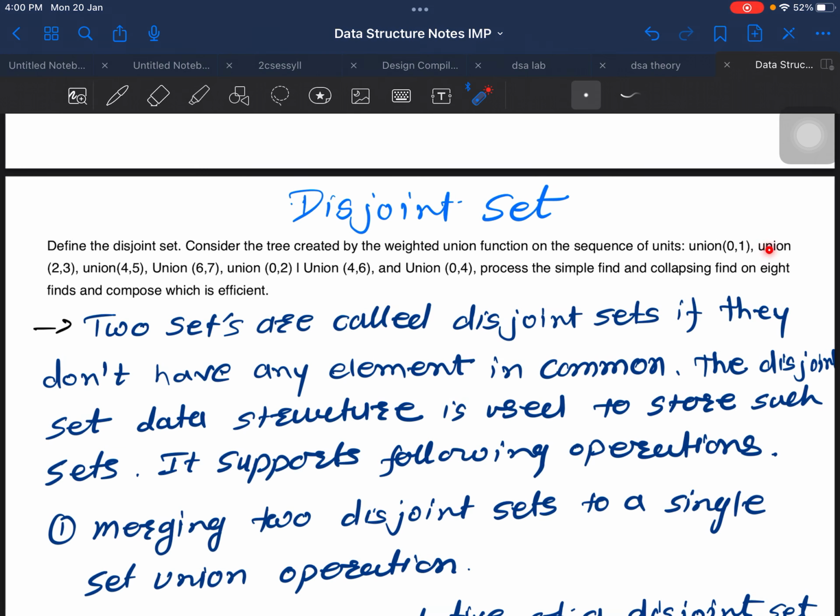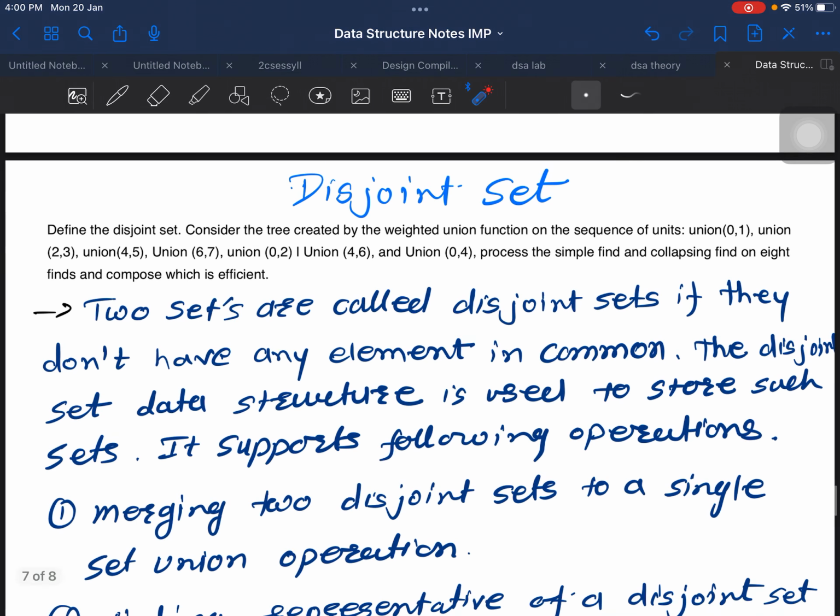There are multiple calls: union 0, 1, union 2, 3, union 4, 5, union 6, 7, union 0, 2, union 4, 6 and union 0, 4. I will tell you how to draw the tree using this. Then process the simple find and collapsing find on the 8 finds and compare which is efficient.